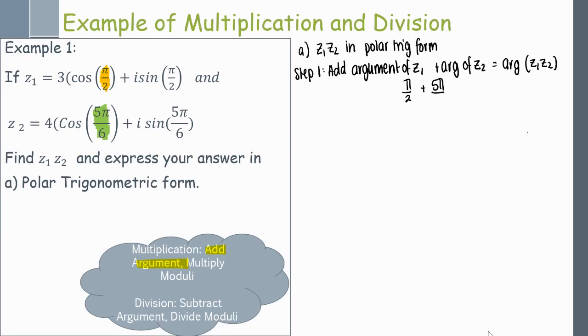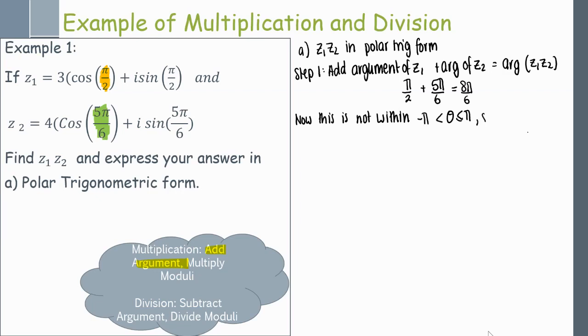And this will be something like 8 pi on 6. Just bear in mind that we want this argument to be a principal argument. And 8 pi on 6 does not fall in our domain of principal arguments. It's beyond pi.